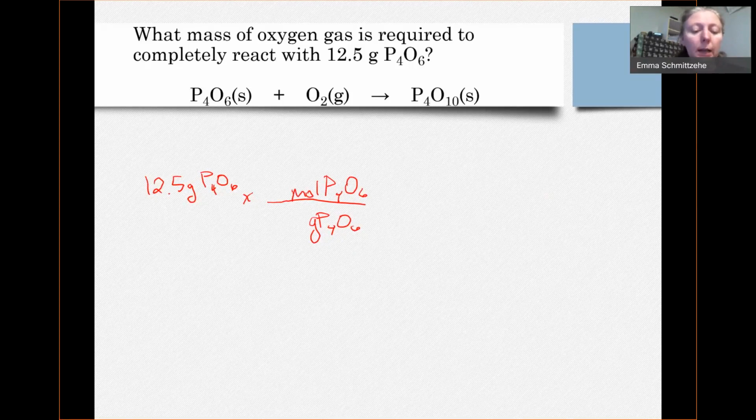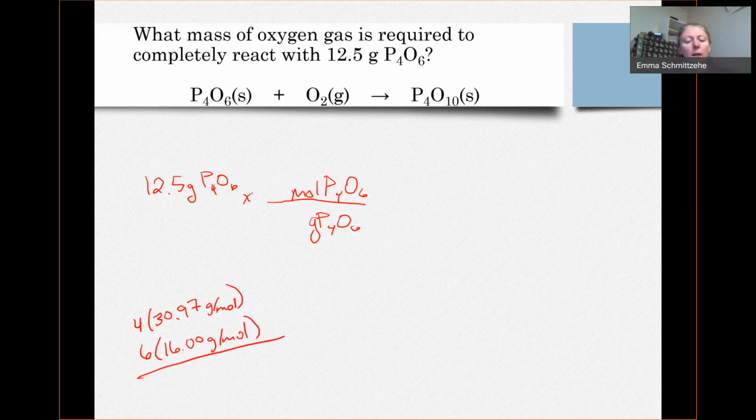And so we take 4 times phosphorus's molar mass, so 30.97 grams per mole. And then we take 6 times oxygen, so 16.00 grams per mole to get our molar mass. So 4 times 30.97 plus 6 times 16.00.